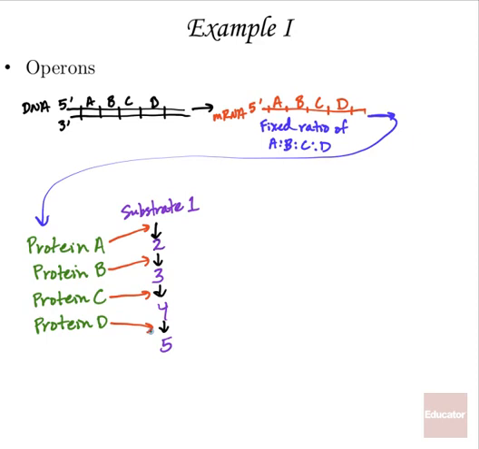So what the entire operon does is turn substrate 1 into the final product of whatever product 5 is. So this is the ultimate goal of this entire operon, and so it works in concert to do that.